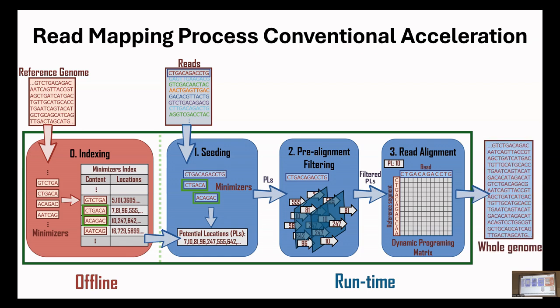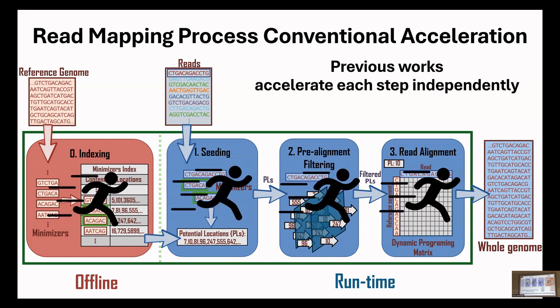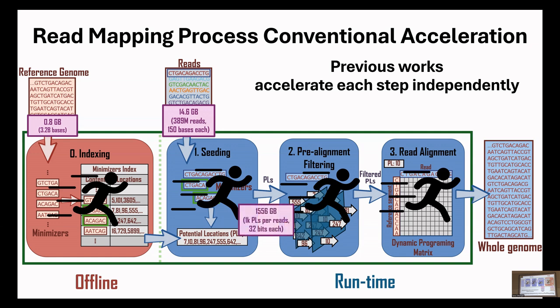Now, if we look at the conventional accelerators, we see that everyone previously tried to accelerate a single step of the process. But what they might have missed is that the inputs are about 16 gigabytes of reads and reference genome, but the data that is transferred between the different stages is two orders of magnitude larger.